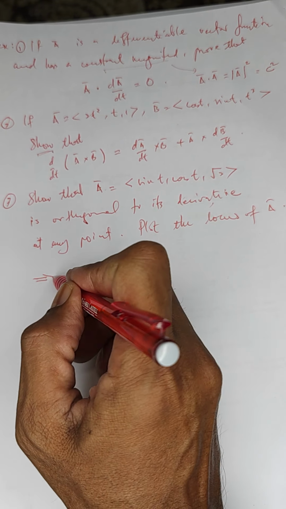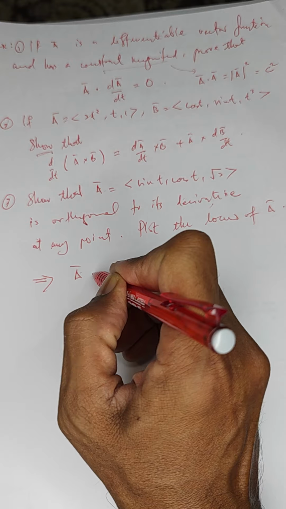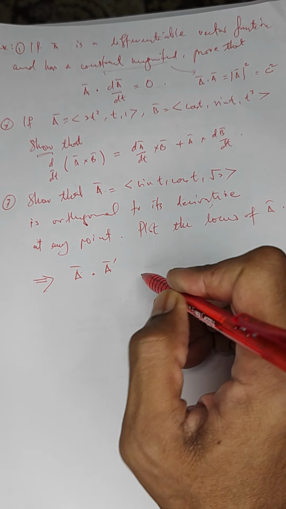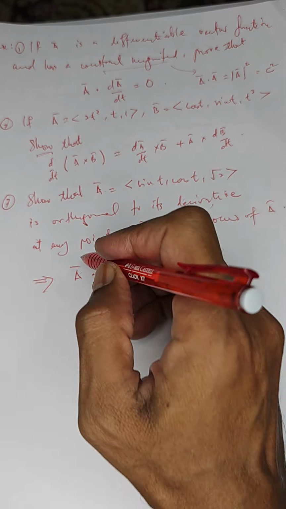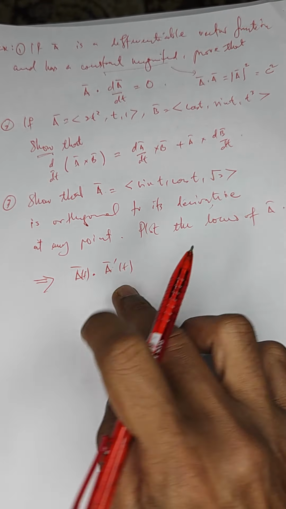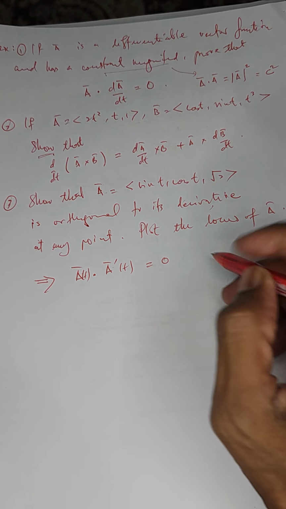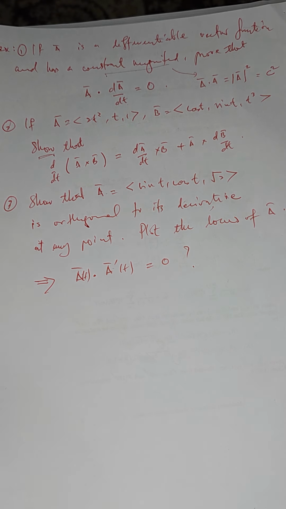So we show that A dot A prime, this is of course a function of t, a vector function of t, is equal to 0. Okay, you do this.